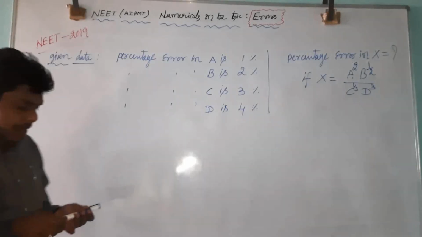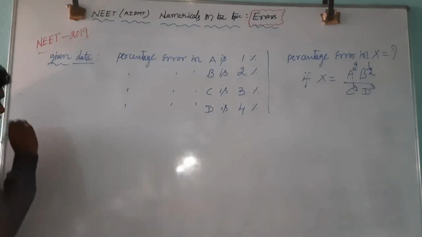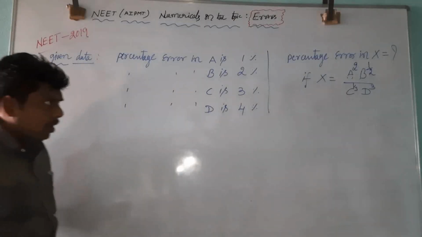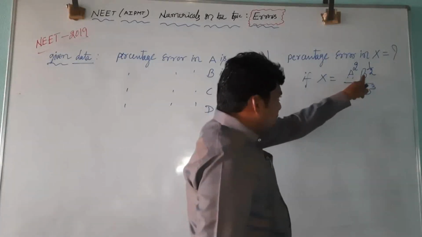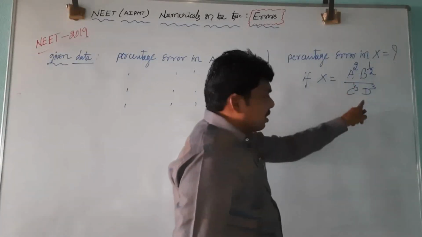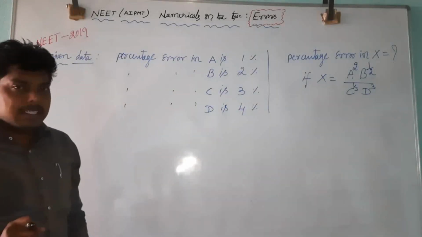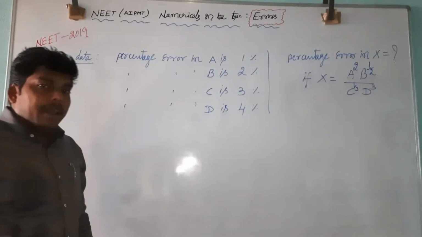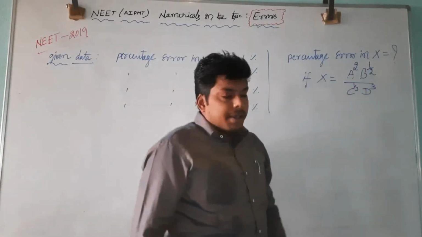Means that error due to product or error due to division, we have to use the same formula. Whether it may be product or division, we have to use the same formula. Error due to product or error due to division is given by the sum of the relative errors which are present in the given physical quantities only.